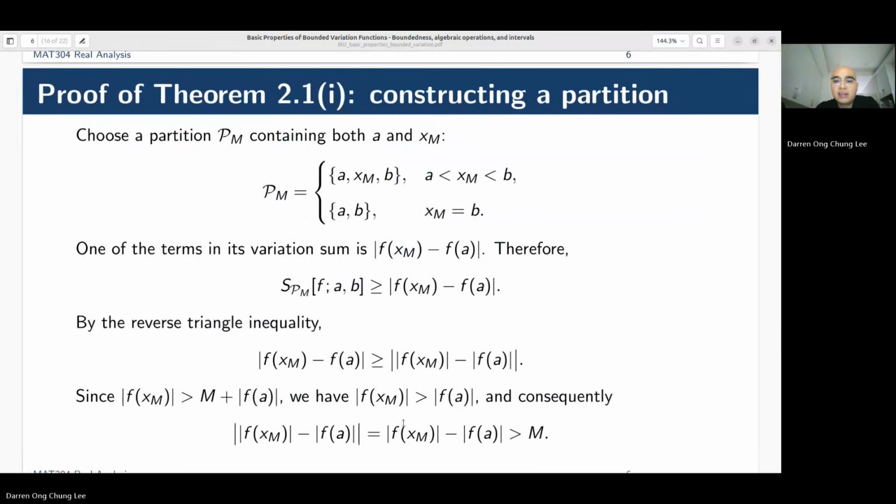This means f(x_m) must, of course, be bigger than f(a). So we can remove the absolute value on the right-hand side because f(x_m) minus f(a) is positive. So we end up with |f(x_m) - f(a)| being bigger than m. That's because of the assumption that f(x_m) is bigger than m plus f(a).